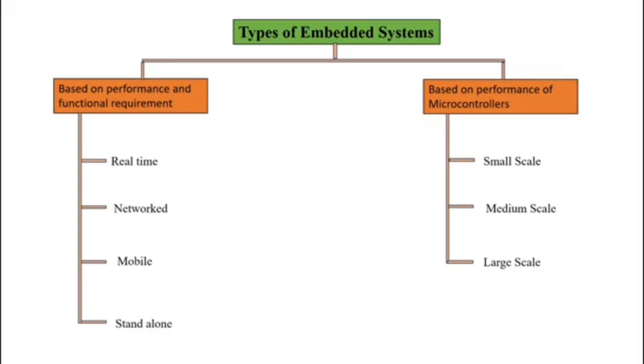Based on performance of microcontrollers, they are divided into small scale, medium scale, and large scale. Small scale means it does a specific small task, like giving an alarm when a door is opened.